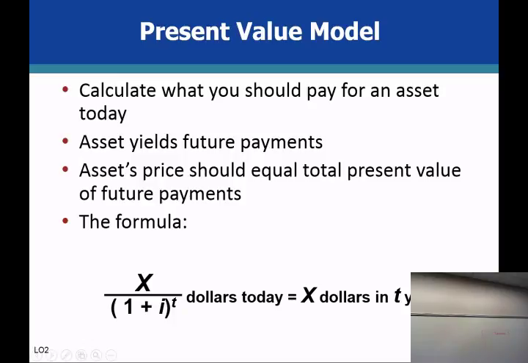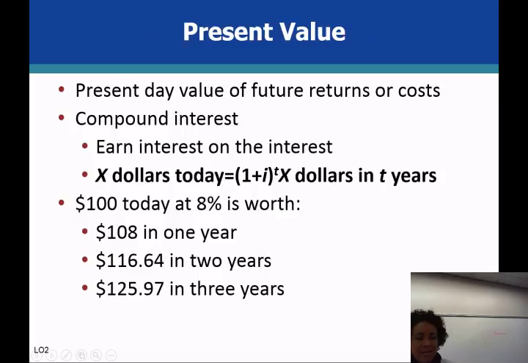Let me go back here. All right. So X dollars today, simple calculation, 1 plus whatever the interest rate is on that in T years time. So we're looking at the number of years in regards to how much we're able to earn.